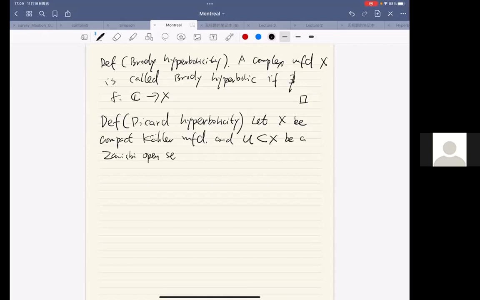Namely, its complement is just a proper closed analytic subvariety of dimension less than that of X. Then we say U is pseudo Picard hyperbolic, because sometimes we are interested in slightly weaker but more interesting things.